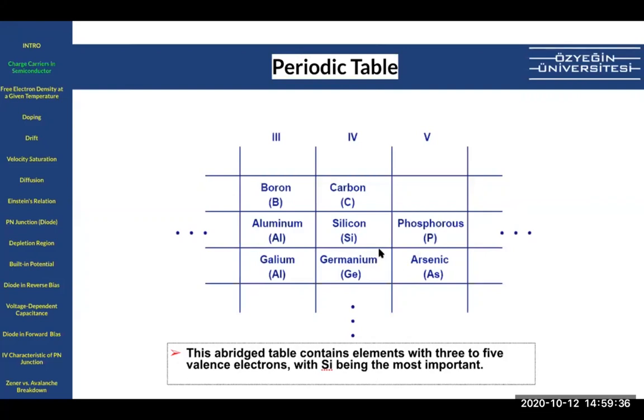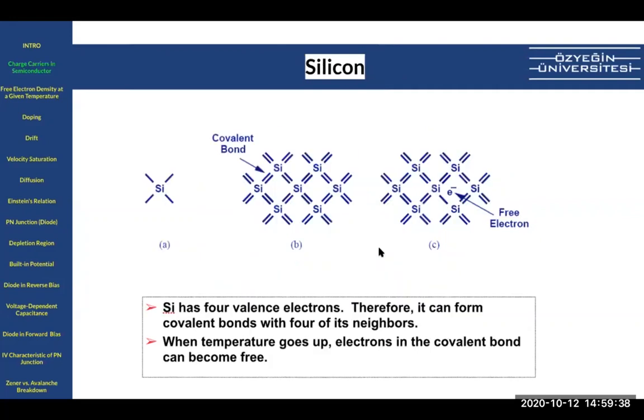And looking at the next picture, as we mentioned, silicon has 4 valence electrons. That means silicon can bond with 4 other silicon atoms in covalent bonds.